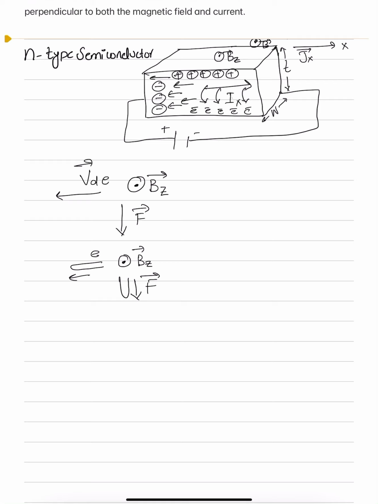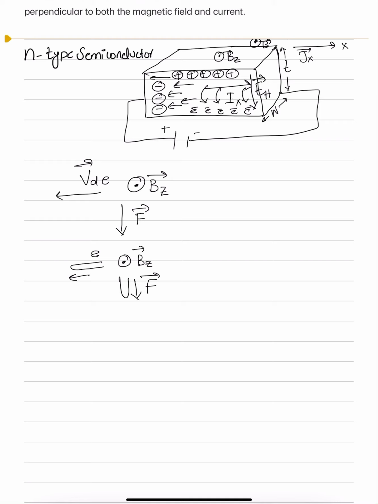Because of these positive ions, an induced electric field or induced EMF will be generated inside the conductor, and we call this induced EMF the Hall EMF, which is EH. So because of this magnetic field, an EMF is generated across the semiconductor, which we call the Hall EMF.